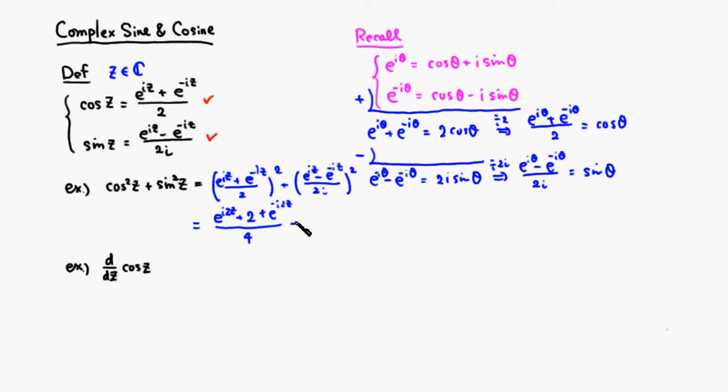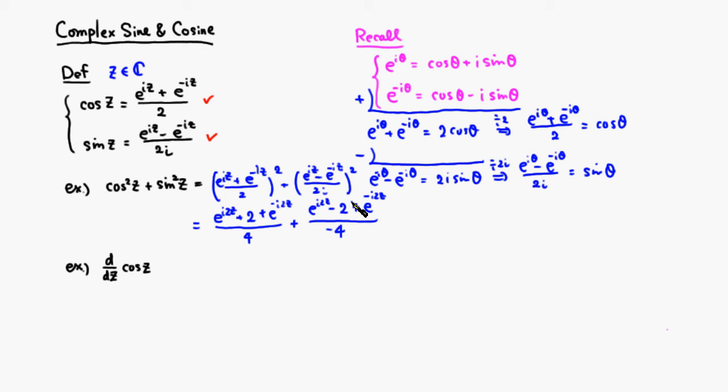And a plus. Squaring the top, we get e to the i 2z minus 2, then these cancel out, plus e to the negative i 2z, and all over 2i squared, where 2 squared is 4 and i squared is negative 1.